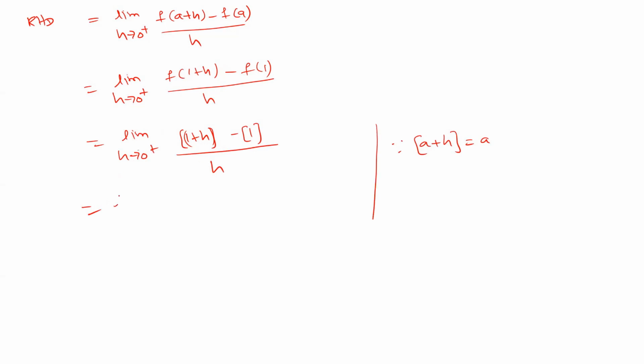So limit h tends to 0 plus. The greatest integer function of 1 plus h is 1 only, minus the greatest integer function of 1, also 1 only, divided by h. So 1 minus 1 is 0. So limit h tends to 0 plus of 0 by h. 0 divided by anything is nothing but 0 here.